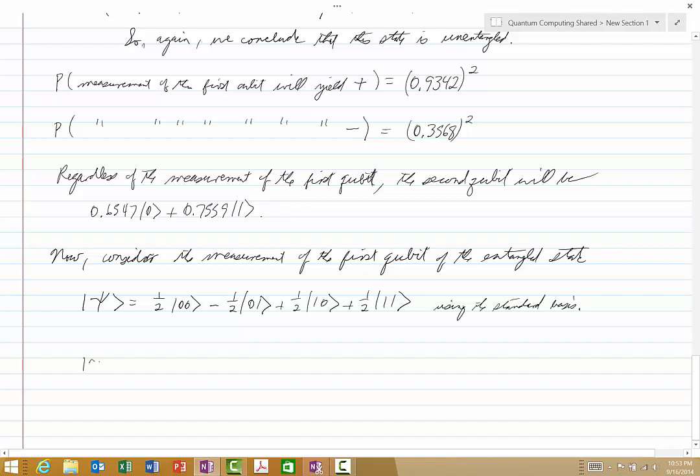So again, just as in our previous cases, since we're going to measure the first qubit, we will separate it out. So we get 0 times 1/2 0 minus 1/2 1 plus 1 times 1/2 0 plus 1/2 1.